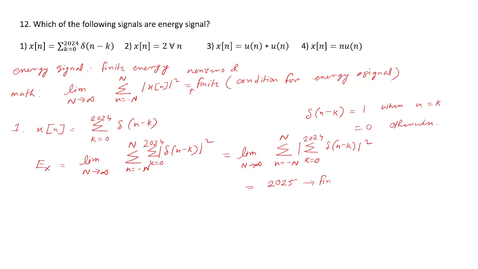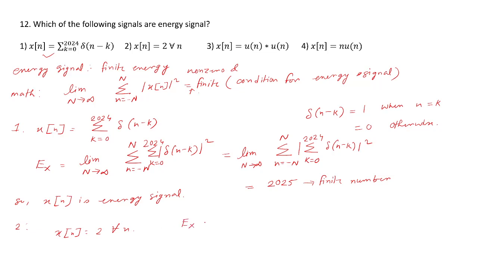It's a finite number, so xn is an energy signal. Correct. Second question, the second signal xn is equal to 2 for all n.